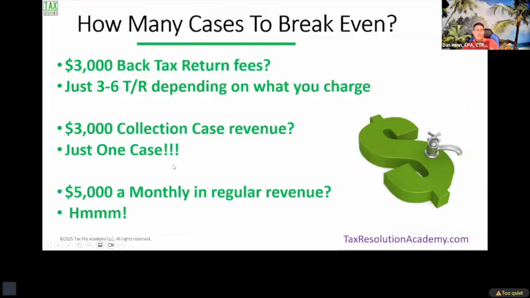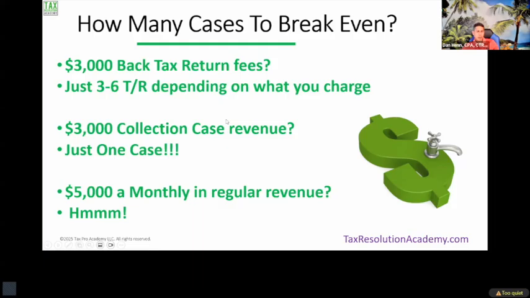Now, the question I have here is how many cases does it take to break even? So if you pay the $200 a month and you stay for a year, that's $2,400 a year. Let's say you pay $1,500 to join some resolution software as well on top of that, which I would recommend. So you're paying $3,900. Let's call it $4,000. You can easily get $3,000 in back tax returns.